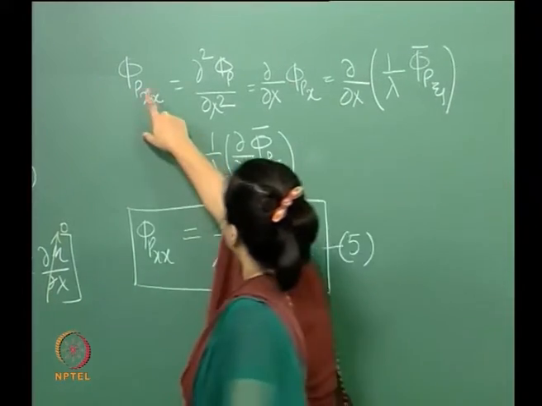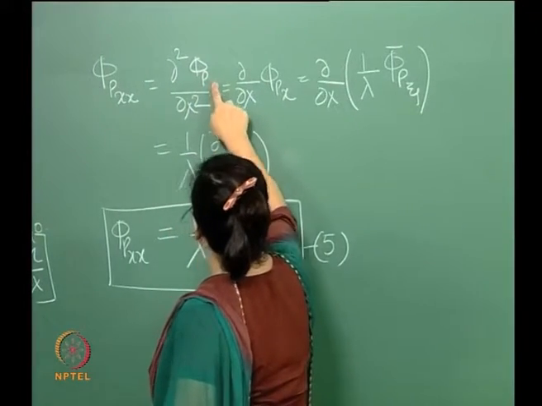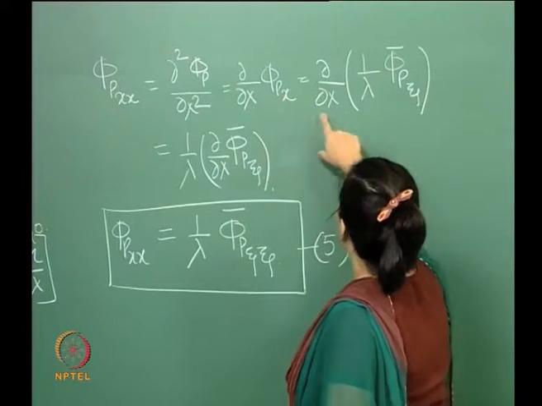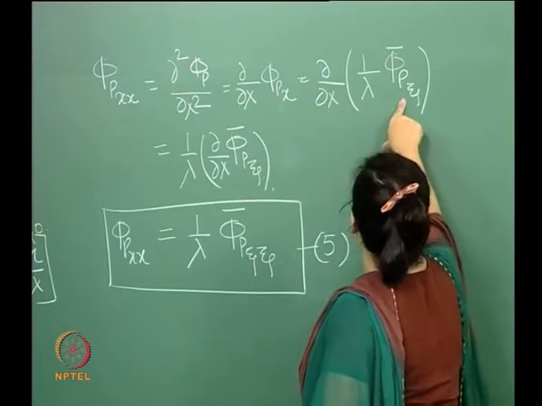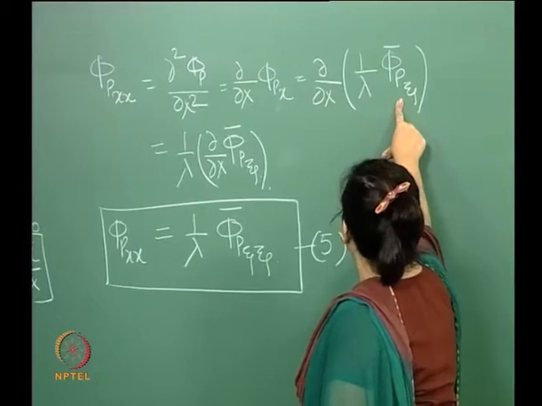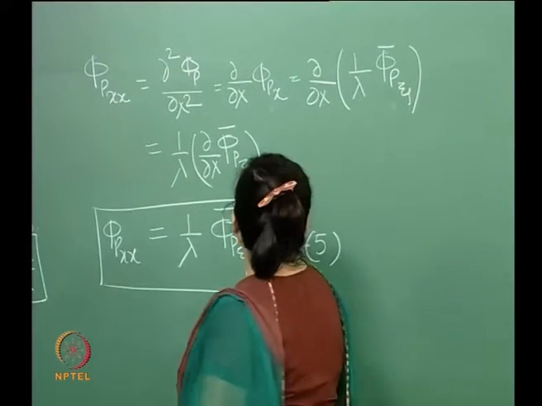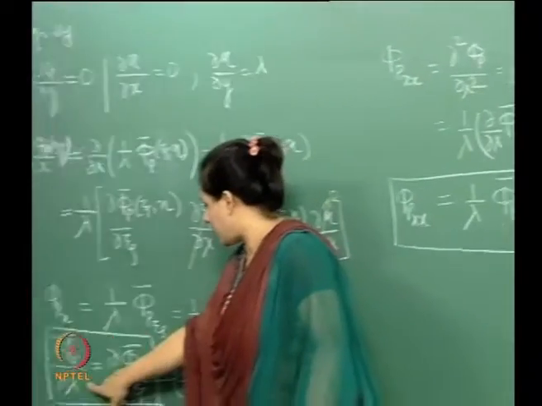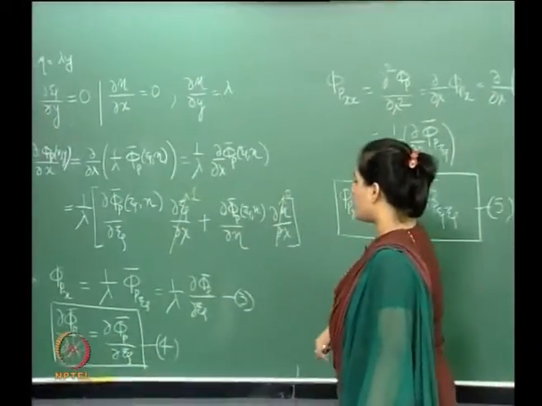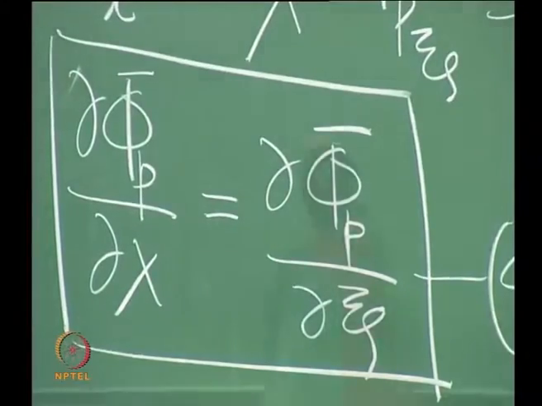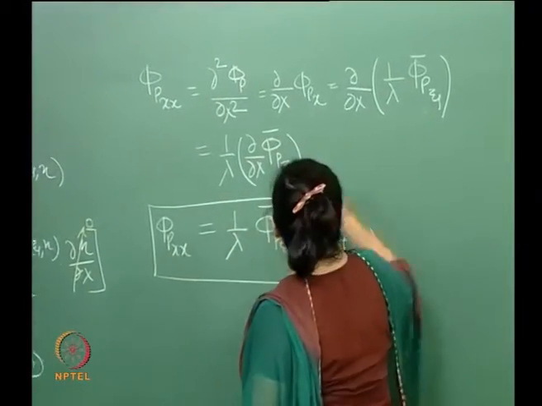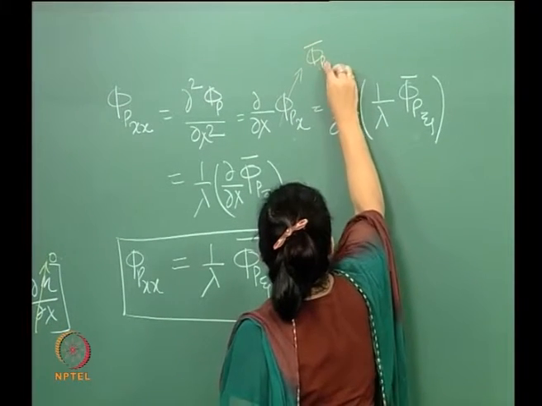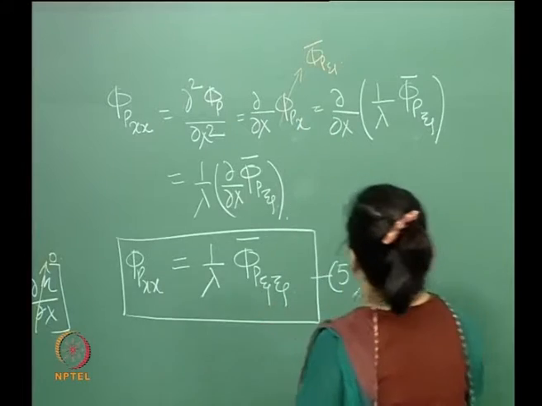So, what we are doing here is taking del 2 del x 2. So we write this: phi p x I write in terms of z, and what we have seen here is that phi p x is equal to phi p bar z. So you can also write phi p x as phi p bar z.